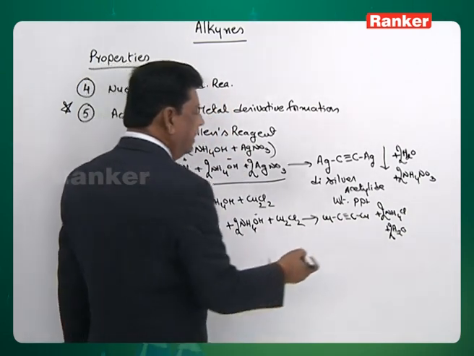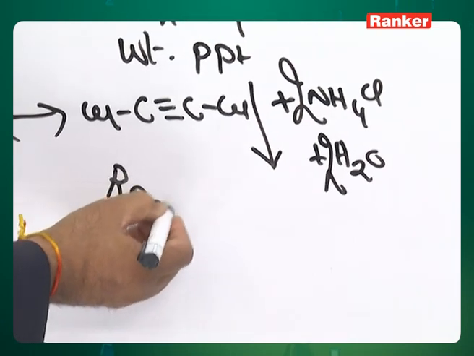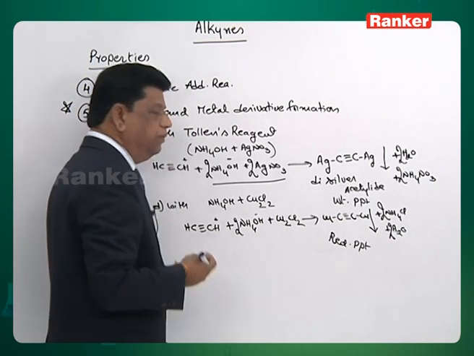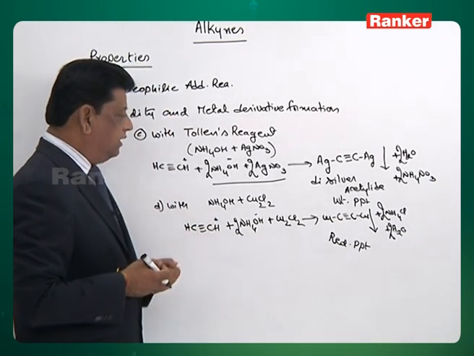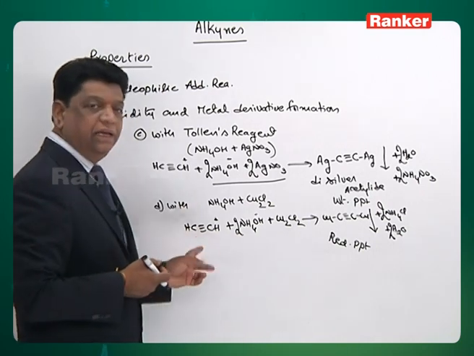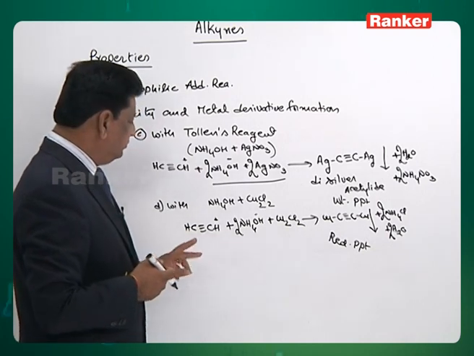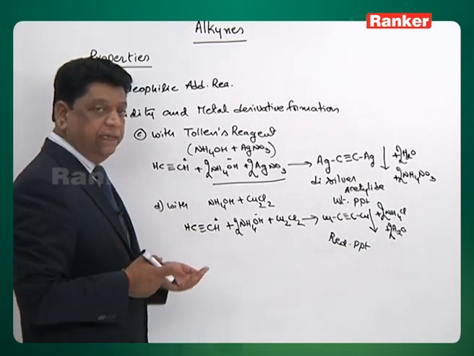So, this is again a precipitate, having a red color. Because it is a precipitate we can go for quantitative estimation, and because the red color is there, qualitative identification of acetylene and ethylene gases, the distinguishing tests between alkynes and alkenes.